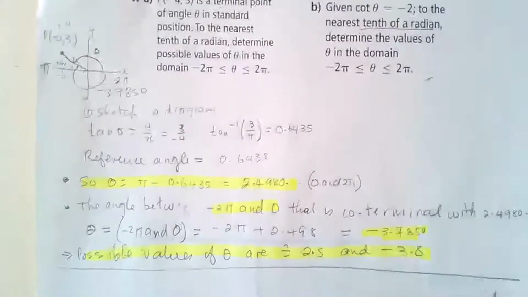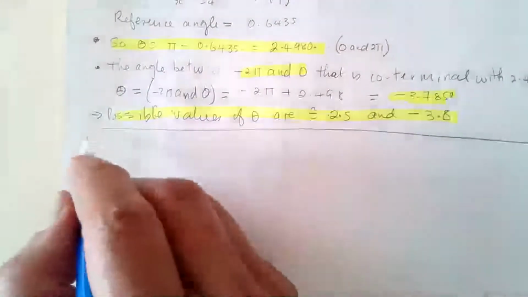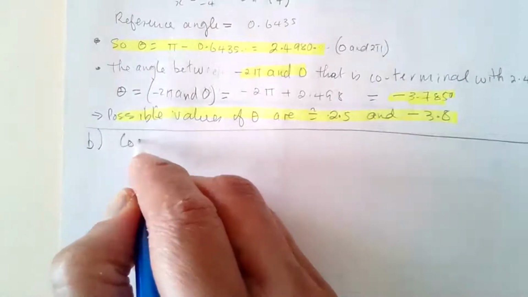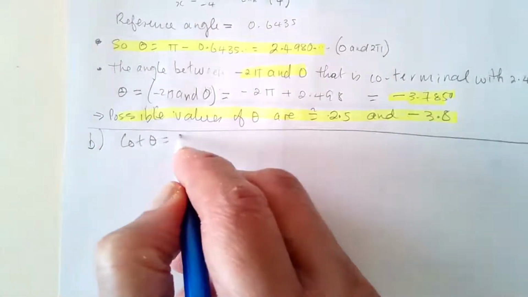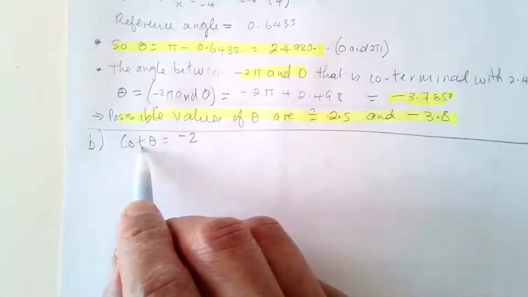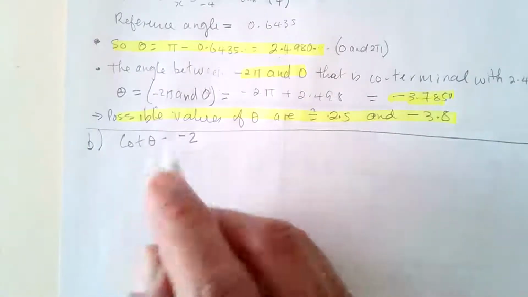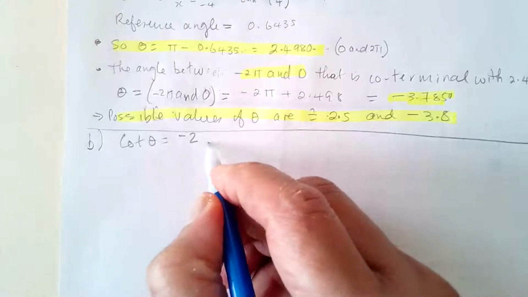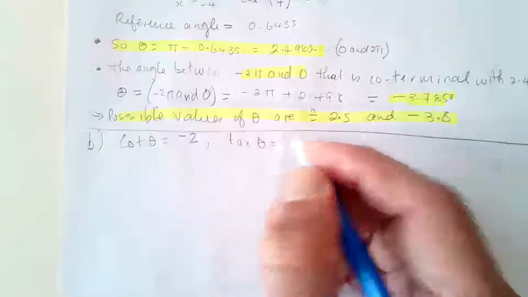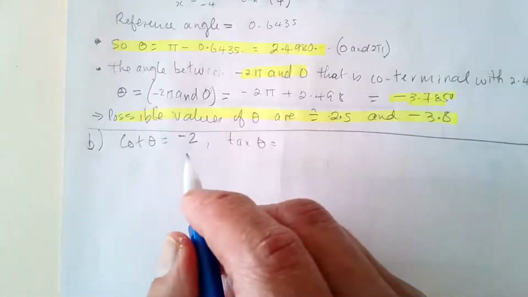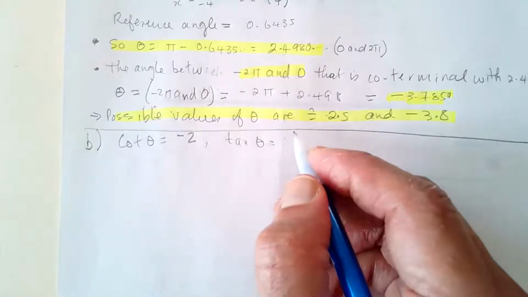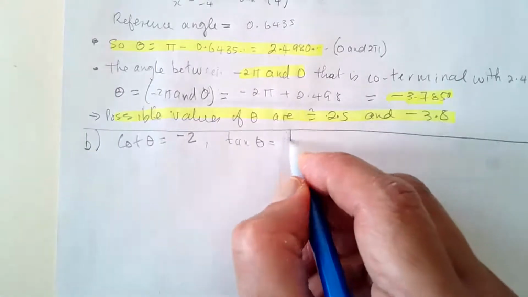So let's look at B. You're given cotan theta is negative 2. Now, the inverse of cotan is tangent. So tan theta would be the inverse of this, which is 1 over negative 2.